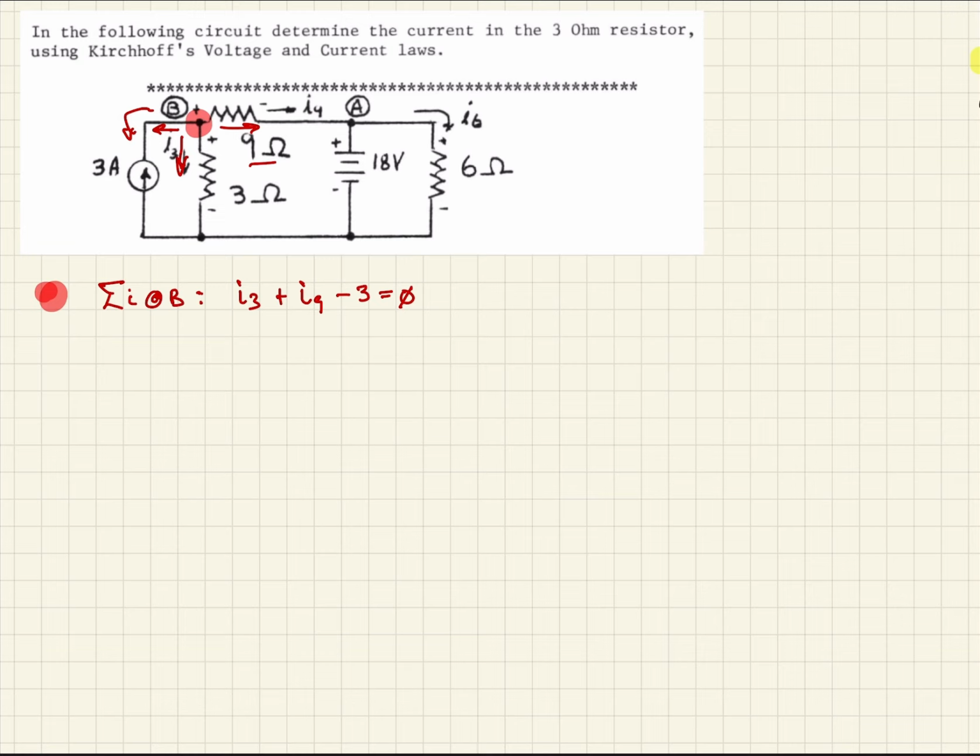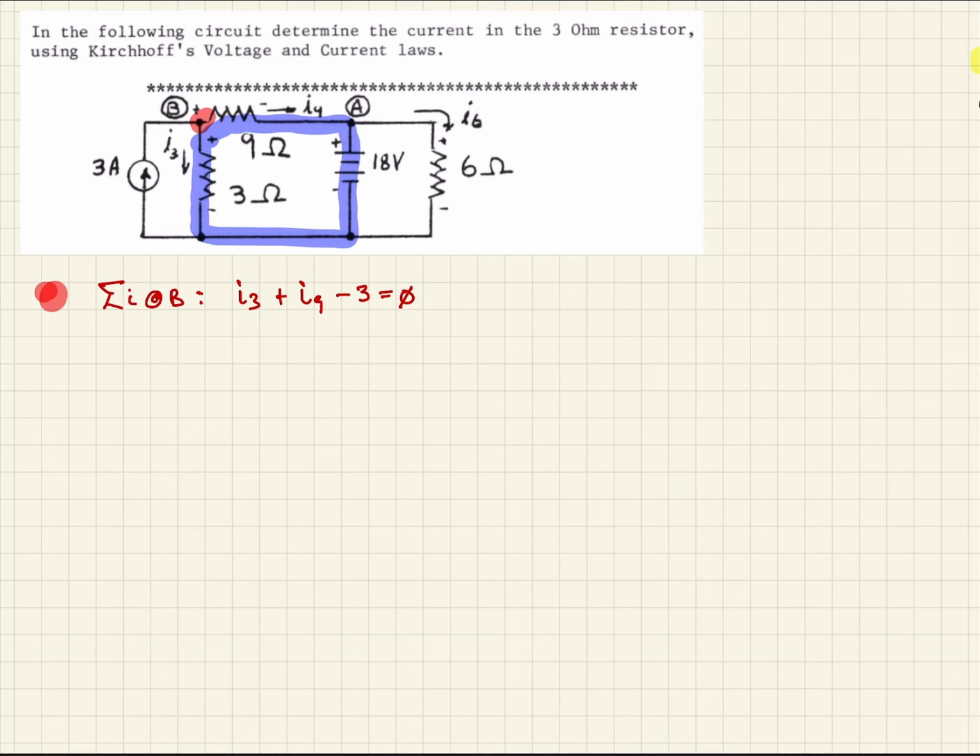So now we want to take a look at a loop. Instead of a nodal analysis, we're going to do a loop analysis. And so we want to take a look at this loop right here. And we want to sum the voltages around that loop.